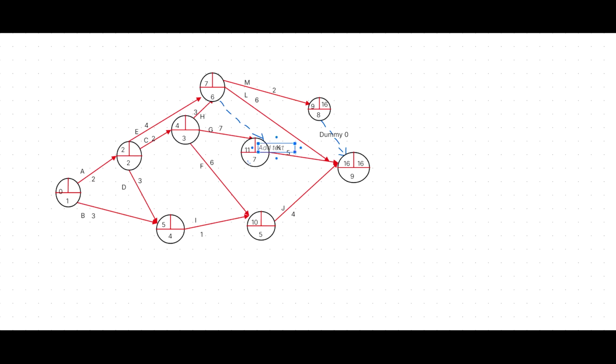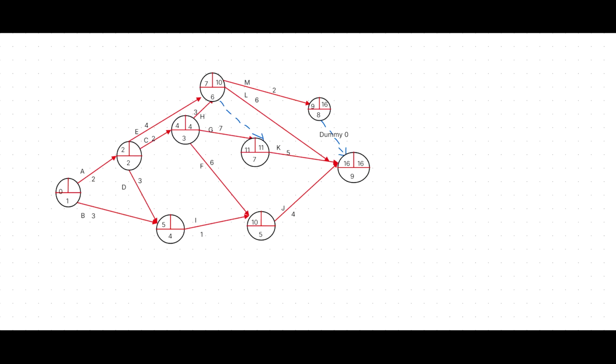Then 16 minus 6 is 10 for the sixth event, where the dummy is 11. The least value is 10. Every time take the least value. Then 10 minus 3 is 7. 11 minus 7 is 4, the least value. Here 16 minus 4 should be 12.